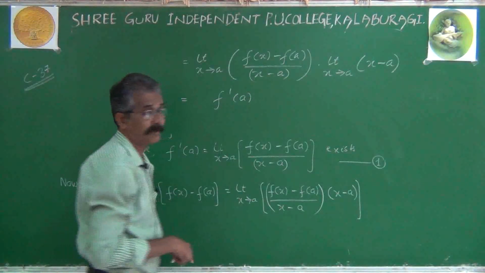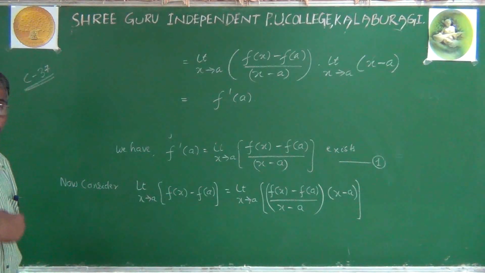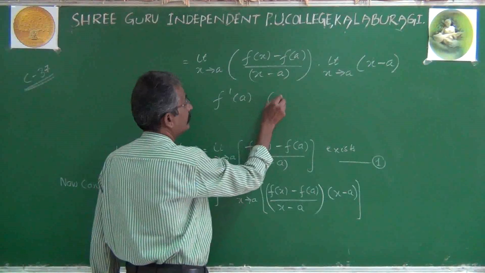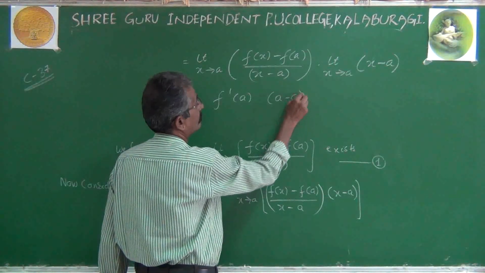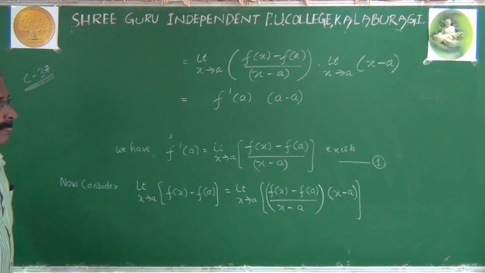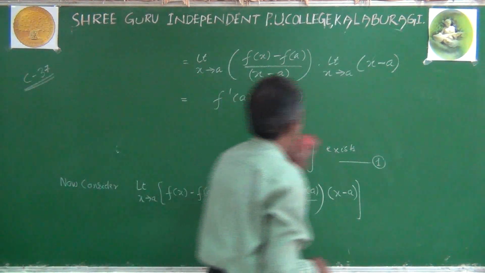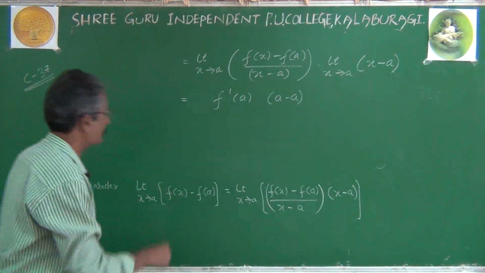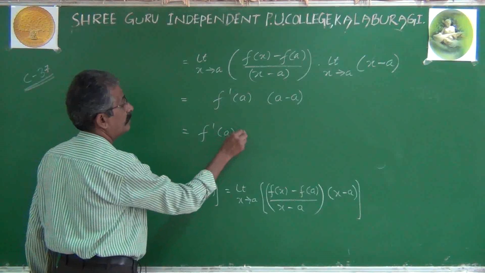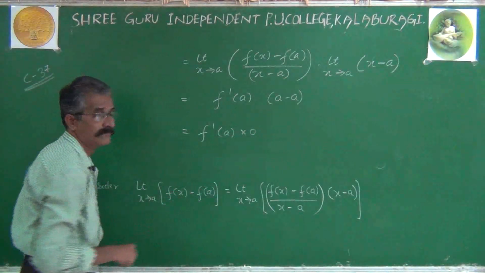In that second part of the limit we replace x by a value. On replacing x by a we get a minus a. Further, that is equal to f dash a into a minus a, which is 0.